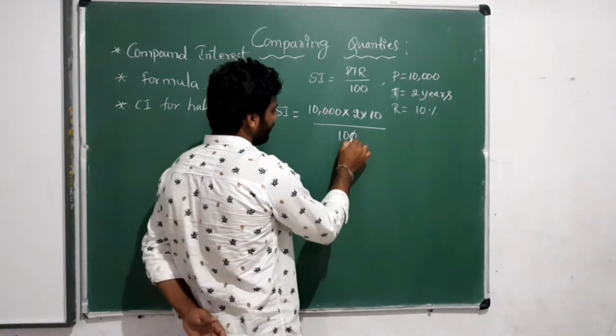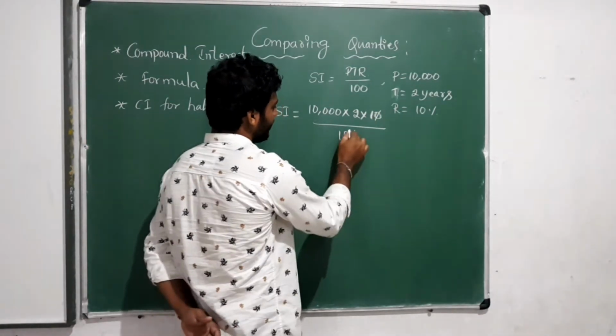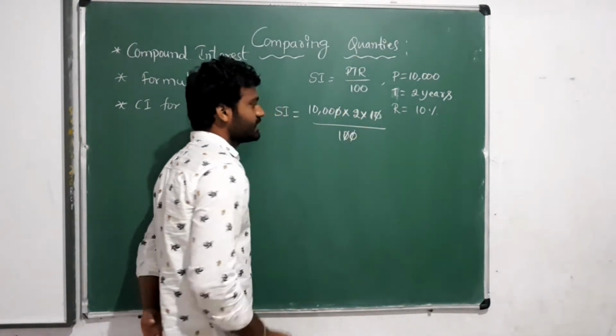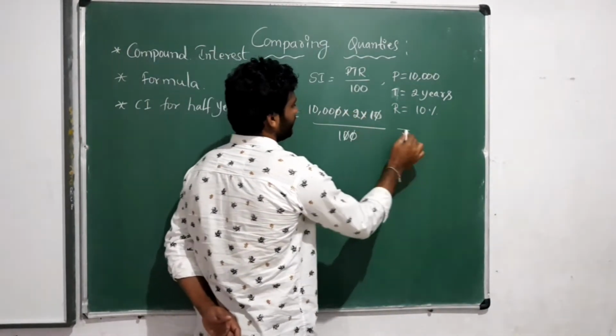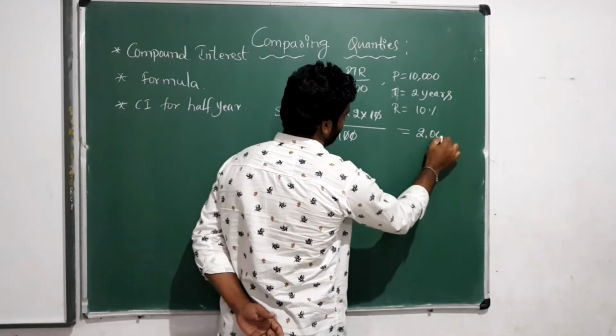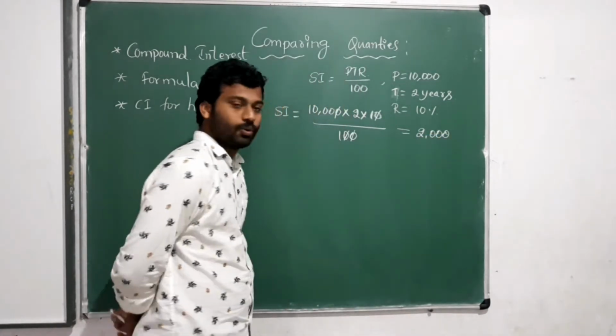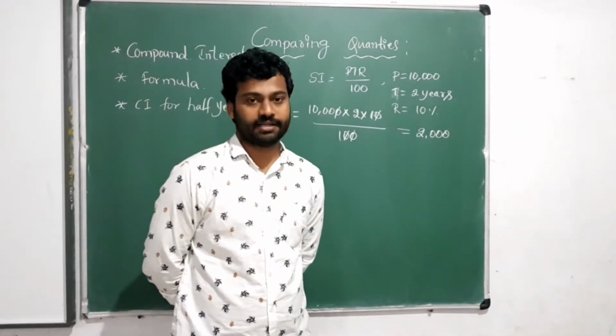Here 10 and 10 get cancelled, here 10 and 10 get cancelled. So 1000 into 2 is 2000 rupees, which is the interest.